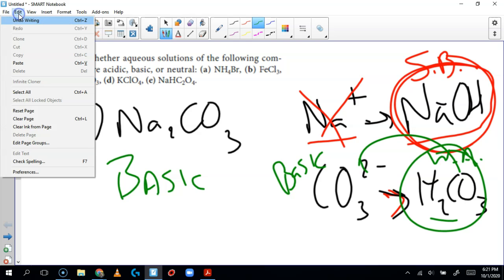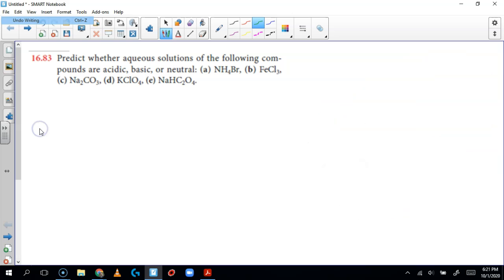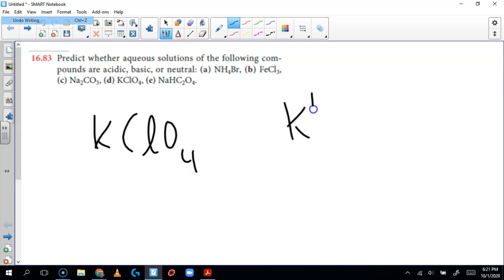Okay, so the next one. Now we have KClO4. When this ionizes, we get the potassium ion and we get the perchlorate ion.